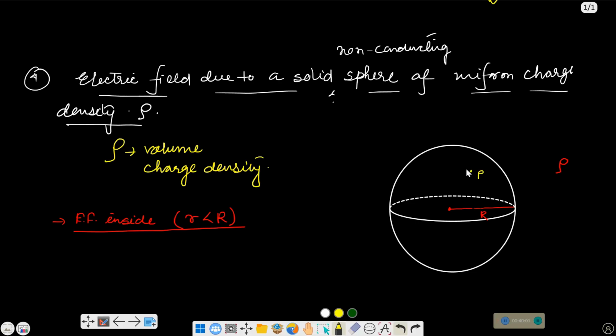This is the point P. We will consider a spherical Gaussian surface like this, at the distance r.